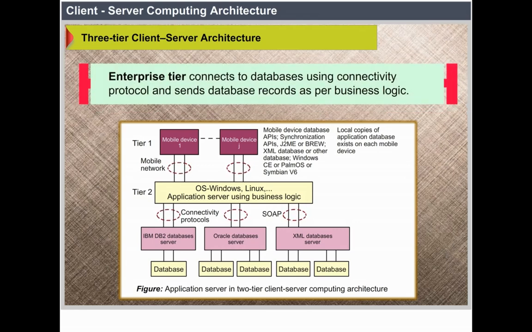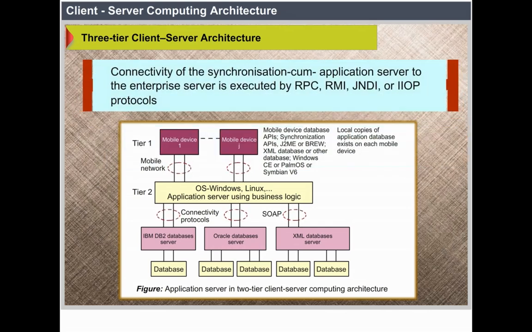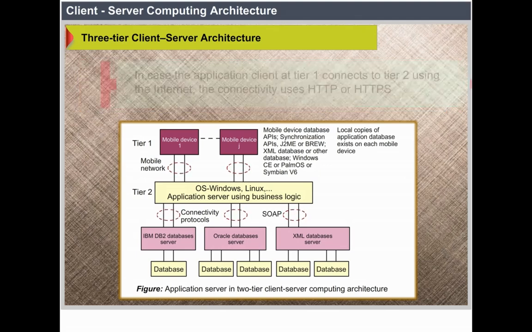The enterprise tier connects to a database using a connectivity protocol and sends database records as per business logic. Connectivity of the synchronization application server to the enterprise server is by RPC, RMI, JNDI, or IIOP protocols.